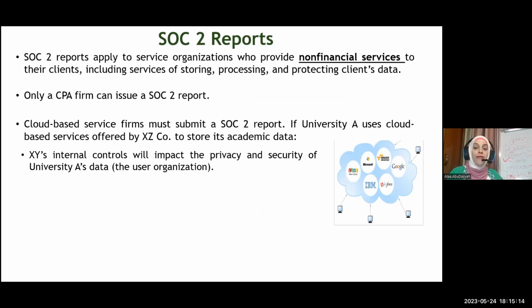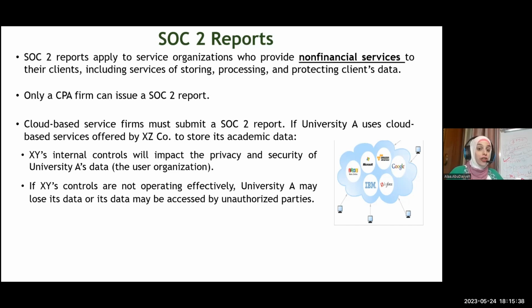So assuming University A uses cloud-based services offered by XY company to store its academic data, for example. XY's internal controls will absolutely impact the privacy and security of University A's data, which is the user organization.